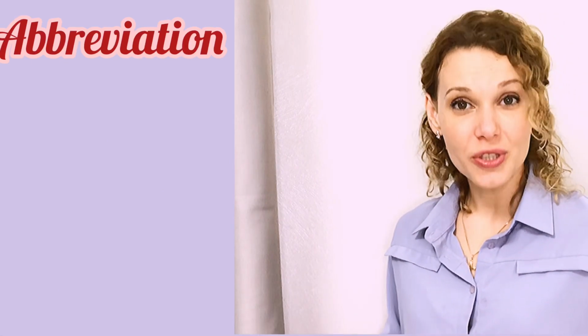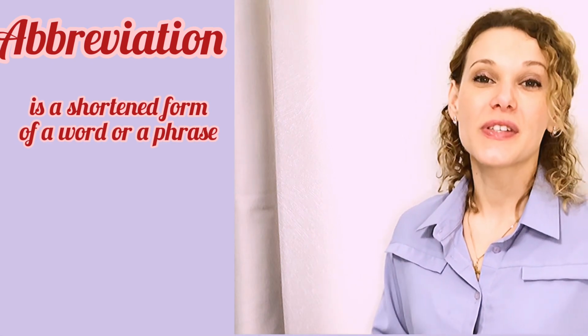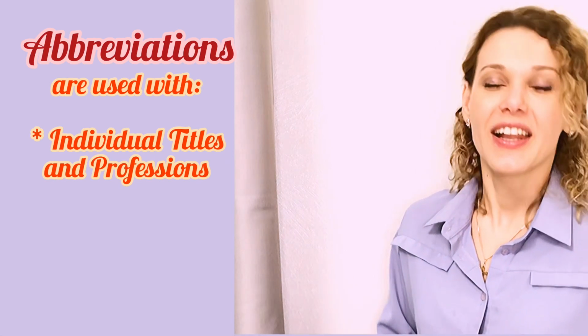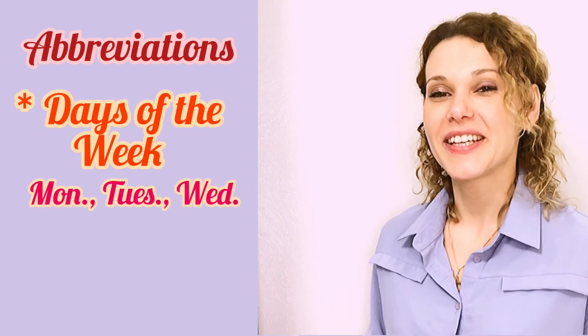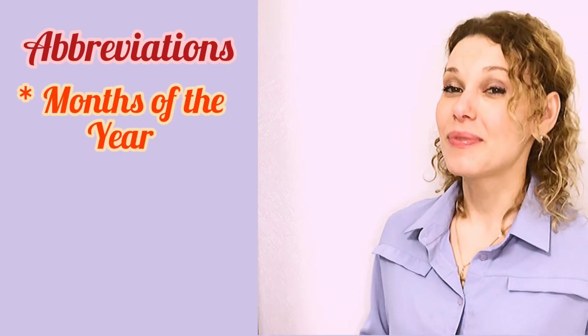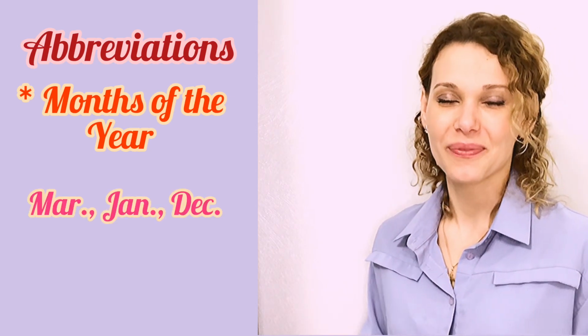Abbreviation is a shortened form of a word or a phrase. We usually use abbreviations in writing, for example, to speak about individual titles and professions, like Mr., Mrs., Doctor, Professor, days of the week, for example Monday, Tuesday, Wednesday, and months of the year, March, January, December.